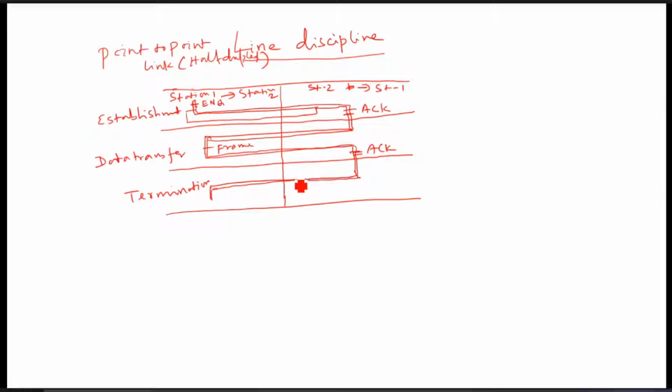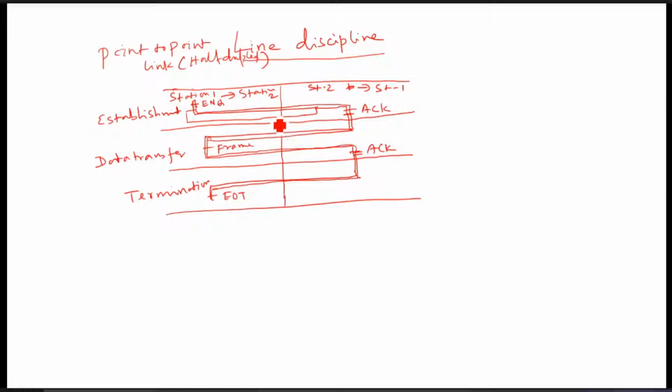Then the first station sends the end of transmission message, EOT, end of transmission message, which terminates the exchange and returns to the initial state.